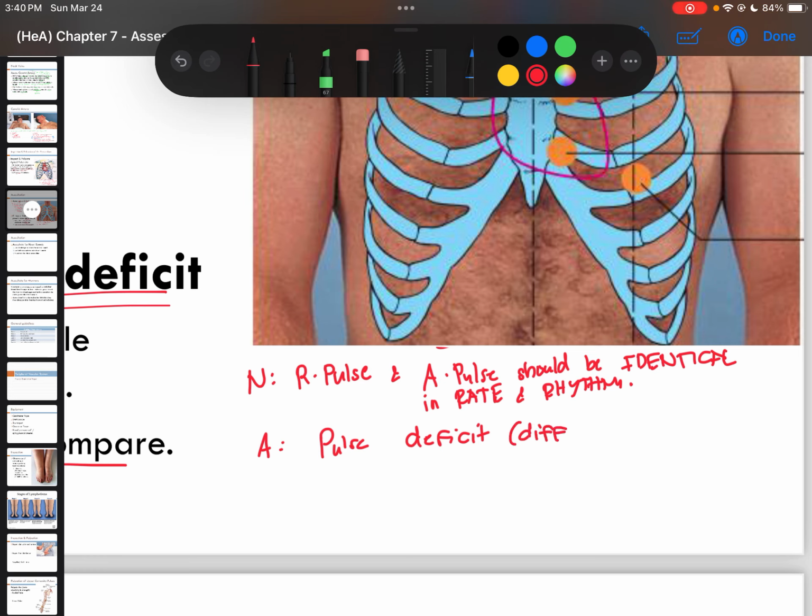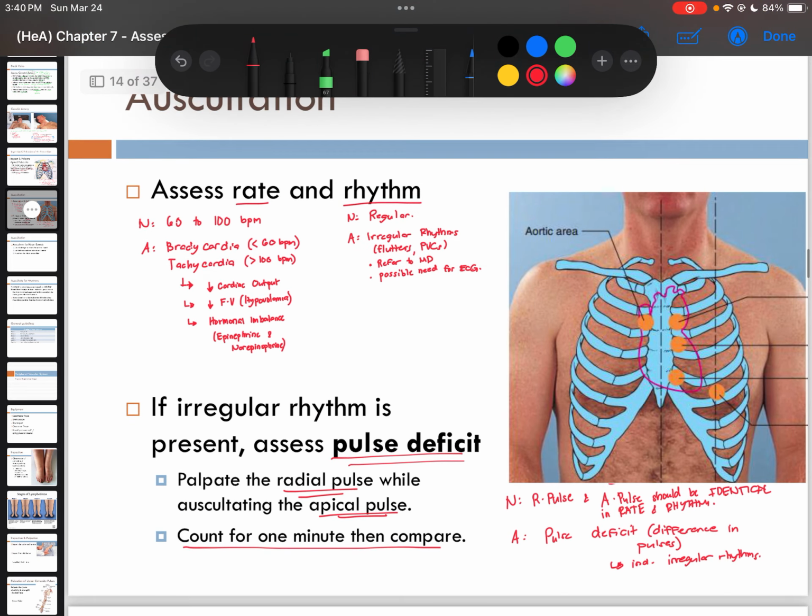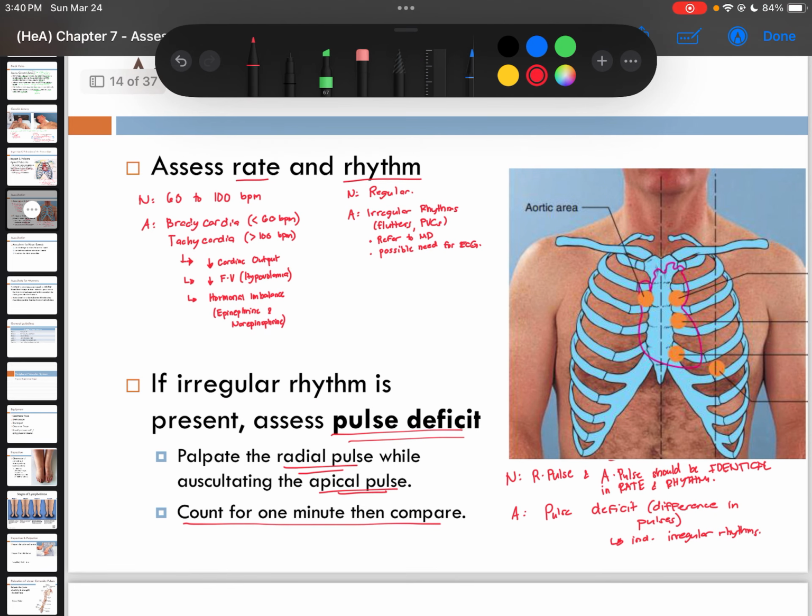There is a difference in pulses. This is indicative of a few irregular rhythms. Most of these rhythms will be discussed in your medical surgical nursing in cardio.